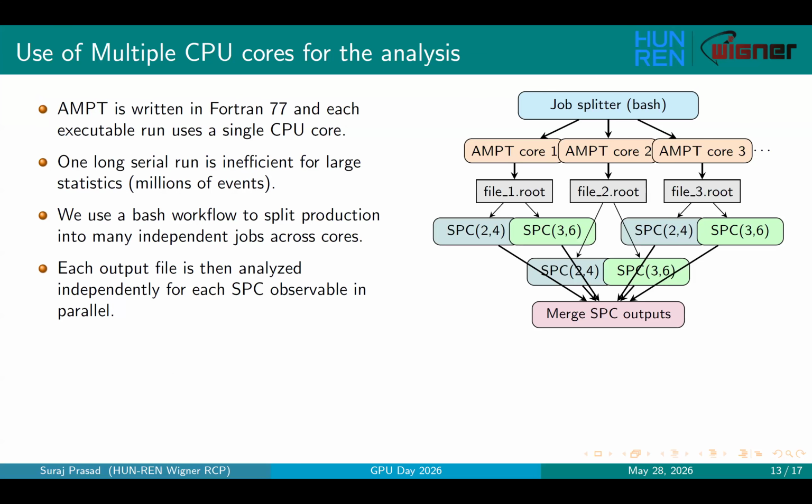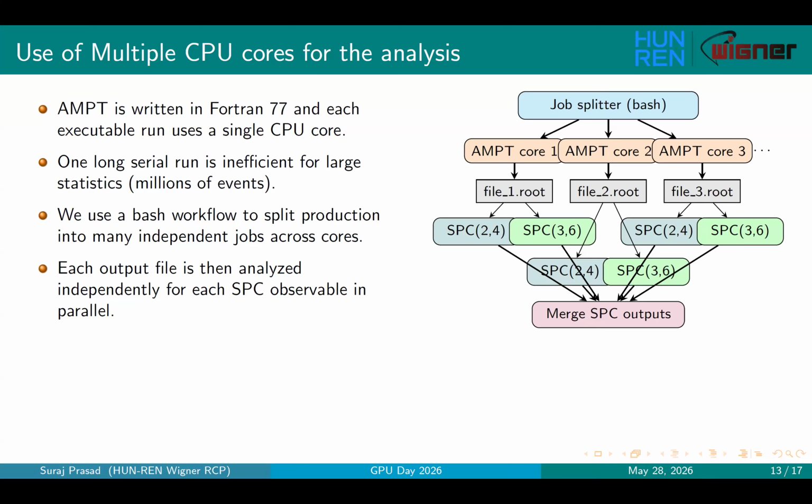So we have used the CPU cores in the Wigner machine, and the workflow is the following. First of all, the transport model I'm using is an old Fortran 77 code, and it does not have an intrinsic parallelization.